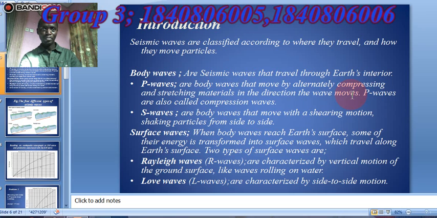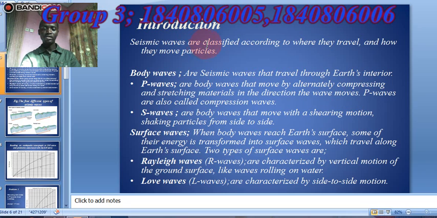So, as we have said, earthquakes are caused by seismic waves. So there is a need for us to go briefly into what seismic waves are and their classification.